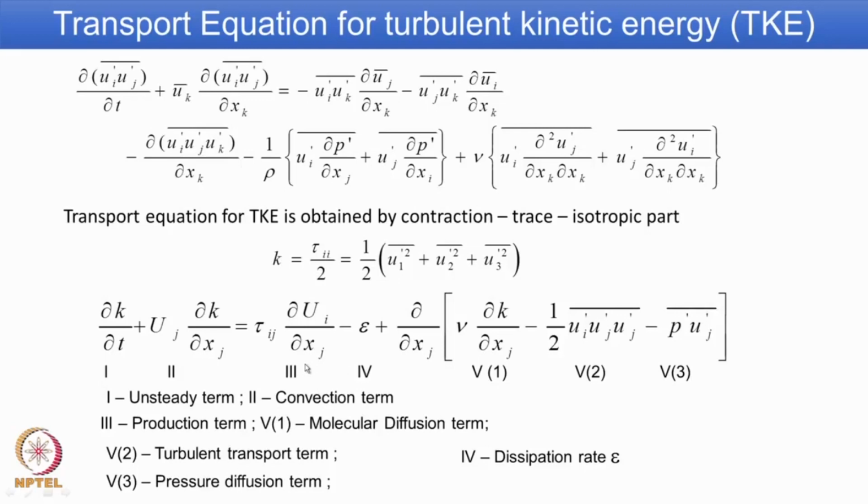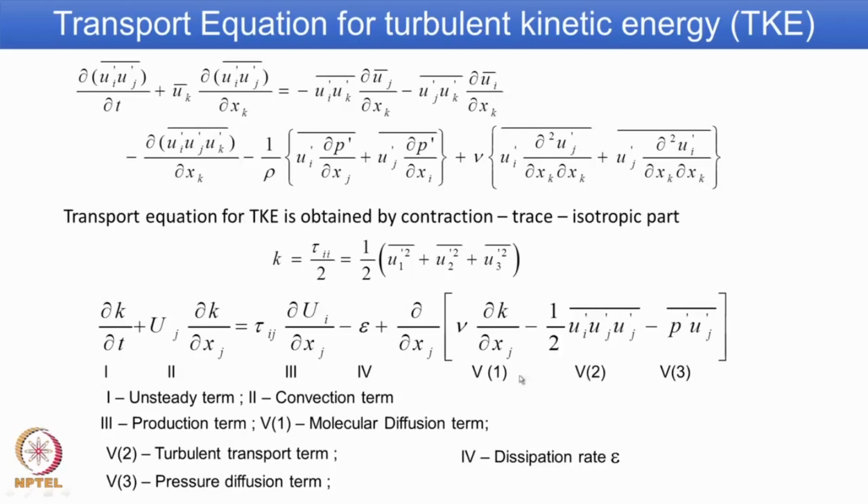Now, the first term on the right hand side, which is marked here as the third term, is what is called the production term. Tau_ij is the Reynolds stress term and dU_i/dx_j is the mean velocity gradient, and this product of Reynolds stress with the mean velocity gradient gives what is known as the production of turbulent kinetic energy.